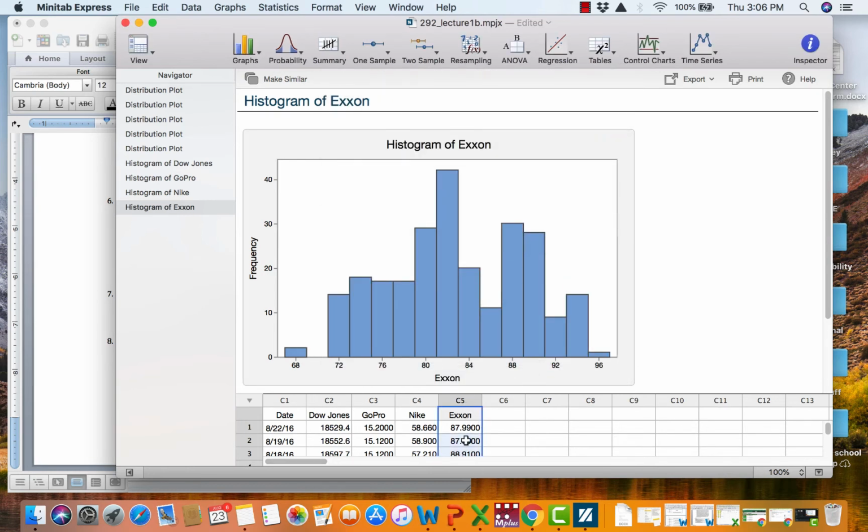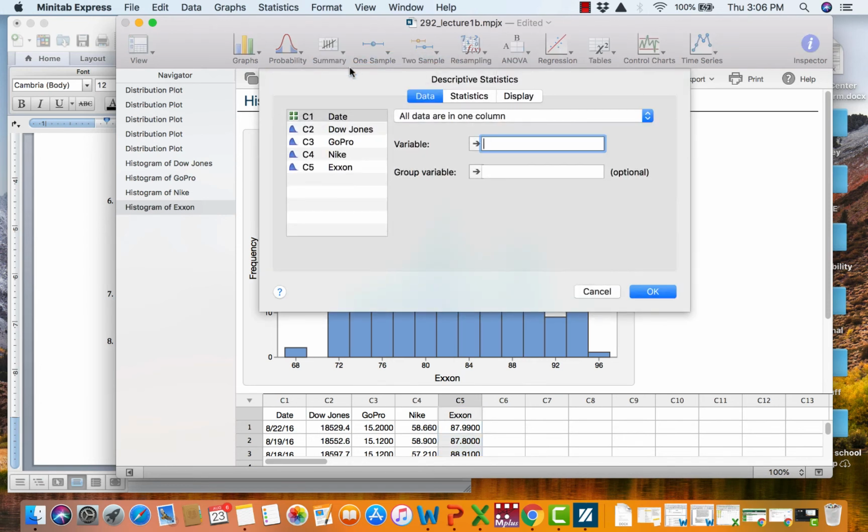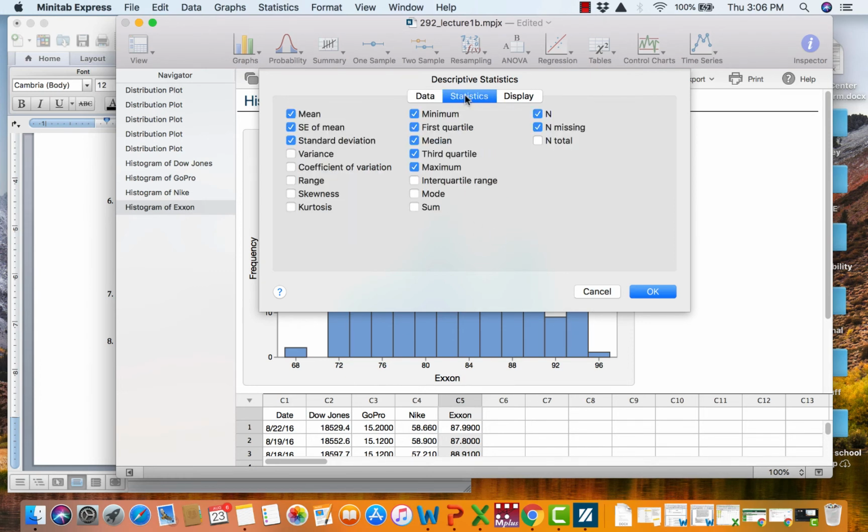All right, so how do we get descriptive statistics in Minitab? And the answer is we go under Summary to Descriptive Statistics. Our variable here is Exxon. And just note that we can select what descriptive stats we want. You may want to see the range, you may want to see the mode, and so forth.